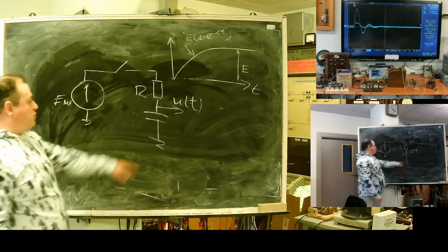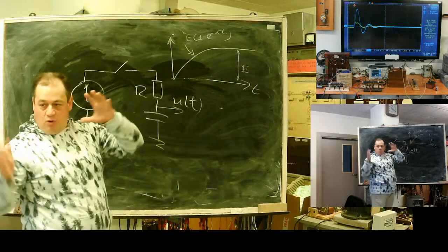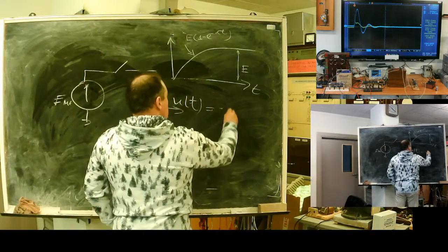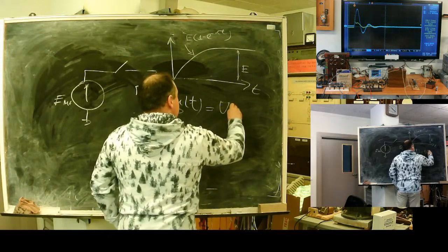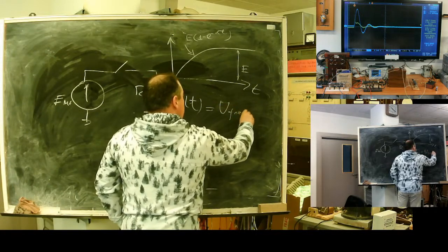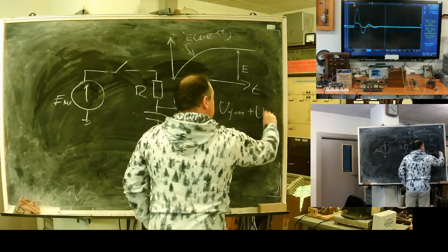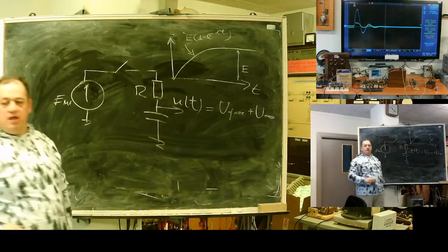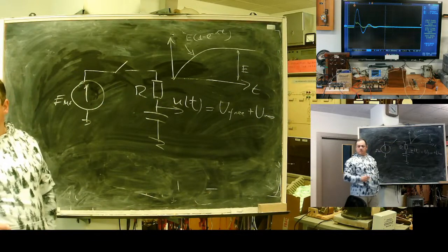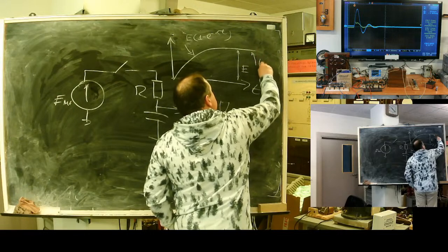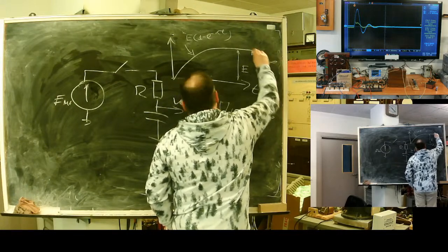So the idea is that this common voltage, this whole voltage, can be separated in two parts: a free component plus an infinite-time or enforced component, also stable. So this is when time is infinity.